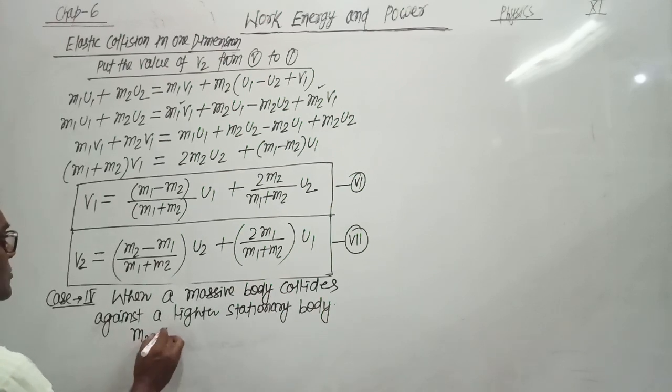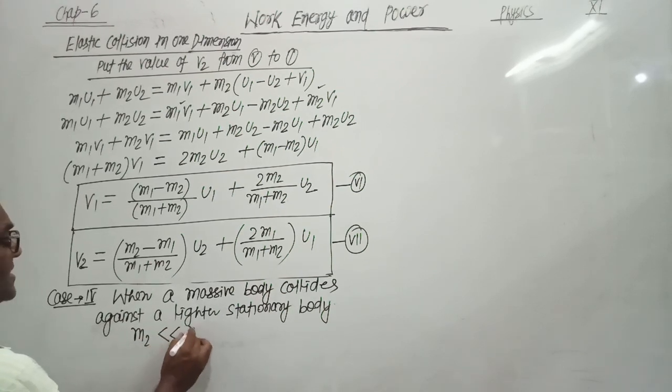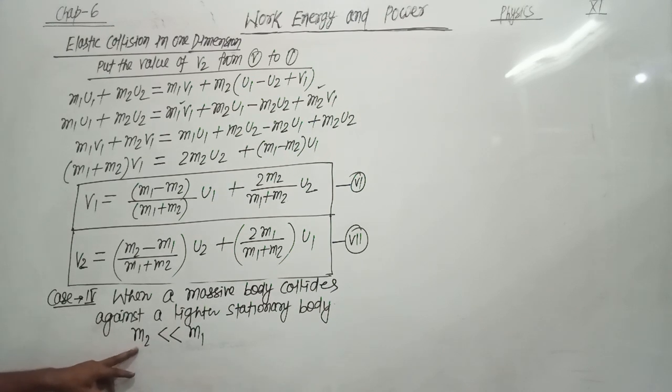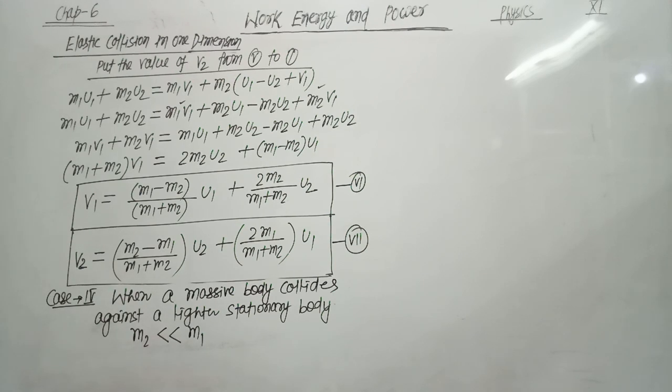means M2 is much less than M1. When a massive body collides against a lighter stationary body, M1 is much greater than M2 and M2 is much less than M1.